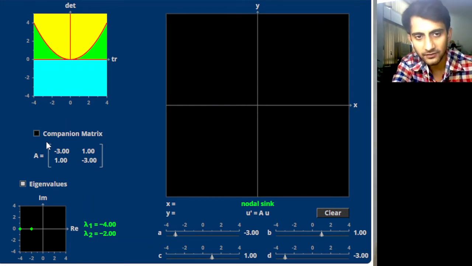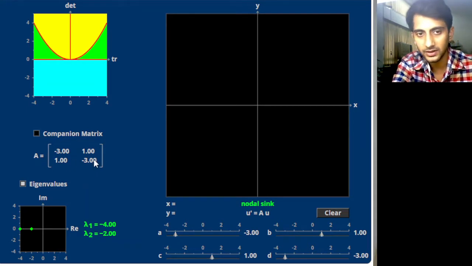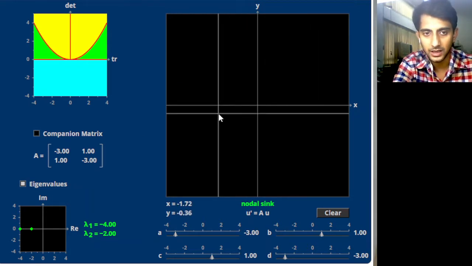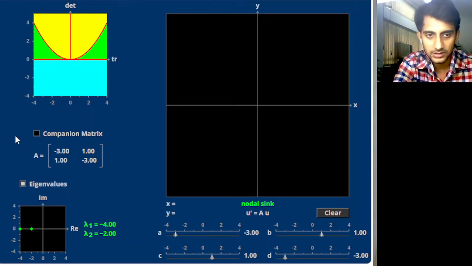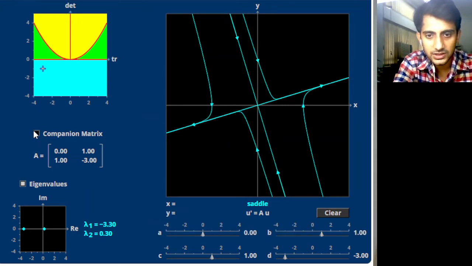Here we have the A matrix, and we can put in the values of the required matrix in it, and you can find out the phase trajectories right over there. So this is my companion matrix, the matrix which I'm going to take now. I would be changing the values of A, B, C, D: this one is A, this is B, this is C, this is D.